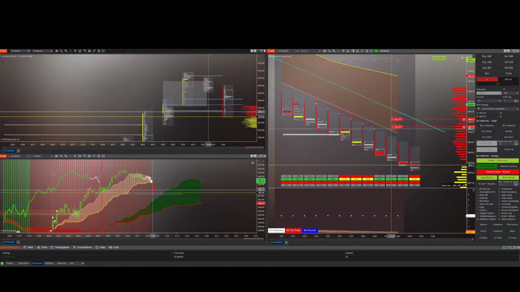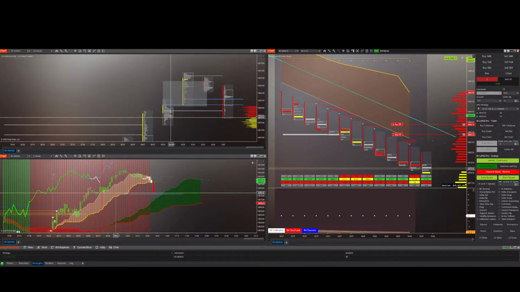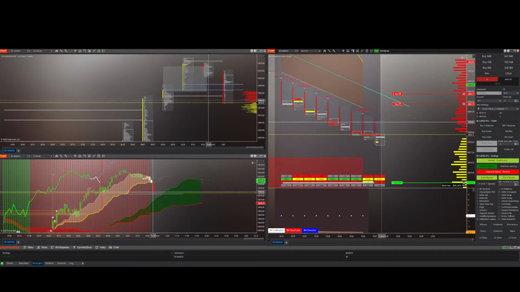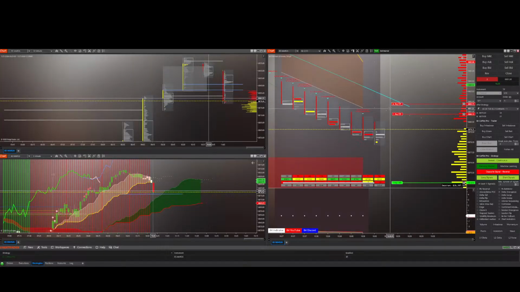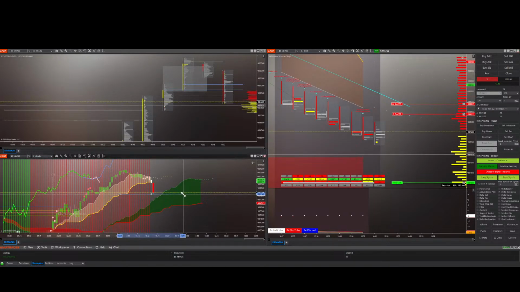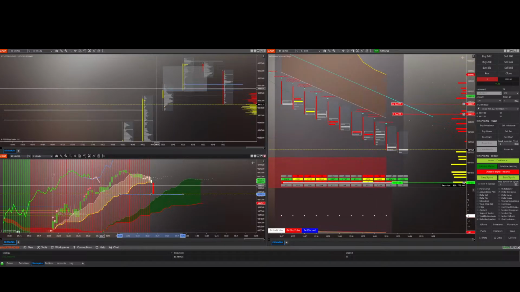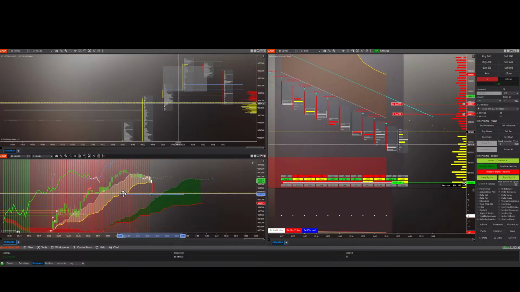Watch it at the edge here of that value area. We're at support. Chikou in the candles. Possible support area with the Kijun flat here.